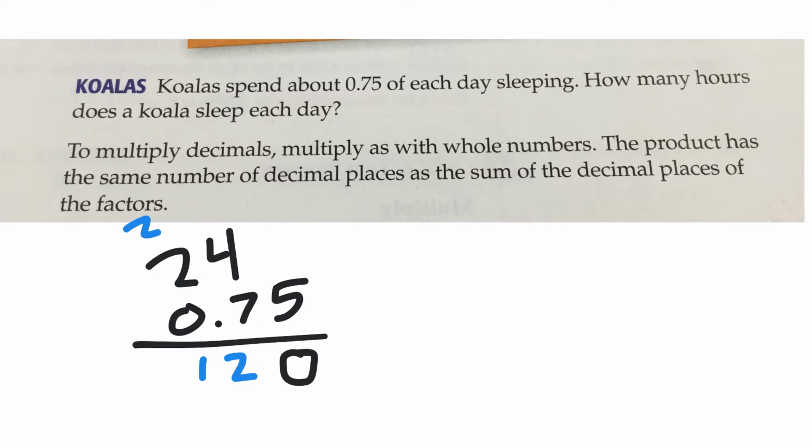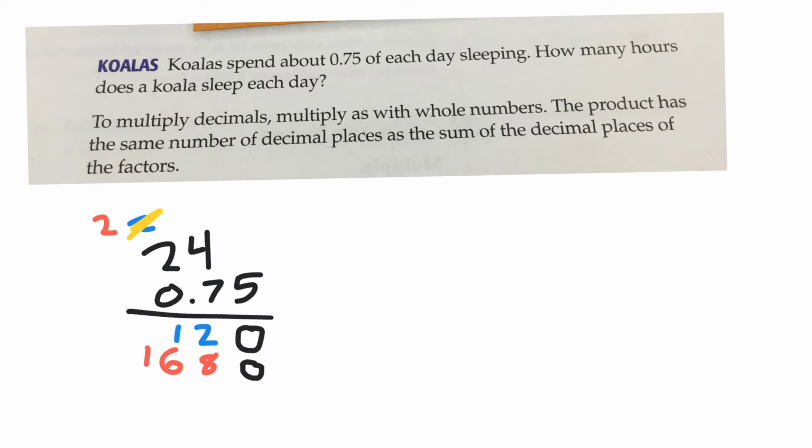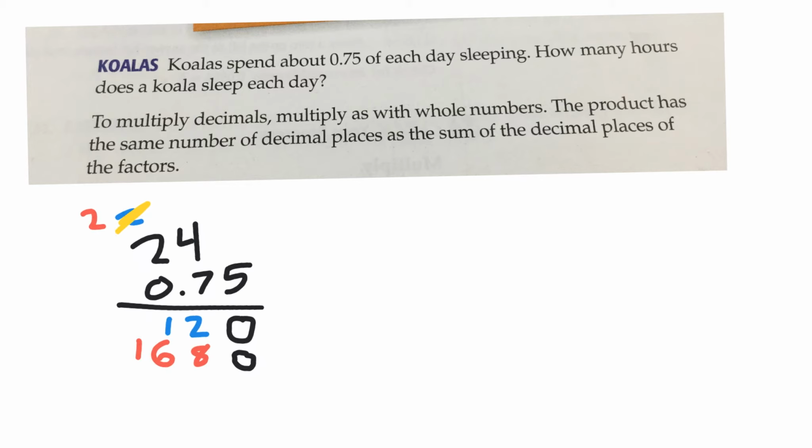Now what? I have to bring down a placeholder 0. 7 times 4 is 28. Carry the 2. 7 times 2 is 14, plus 2 is 16. Like I told you before, right?